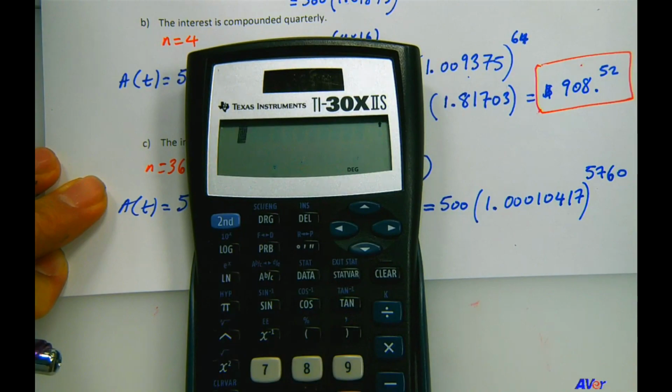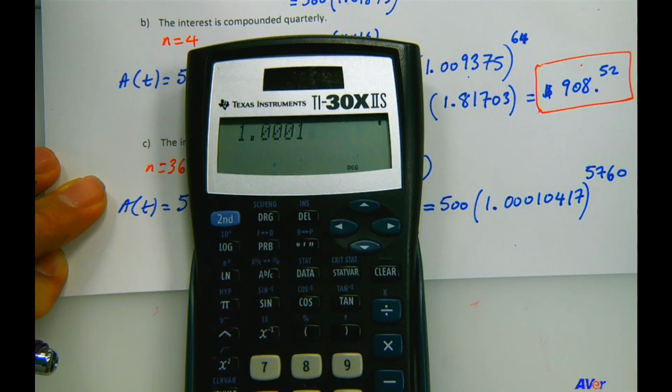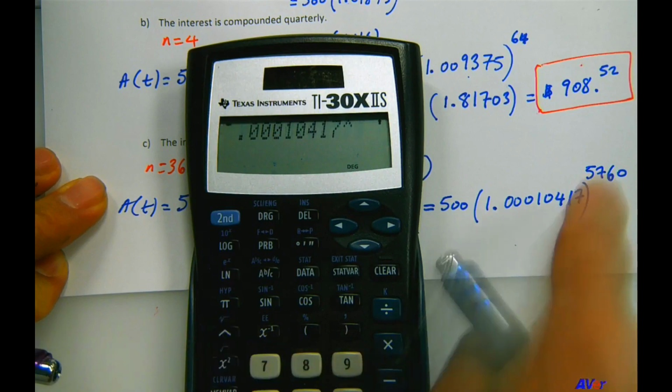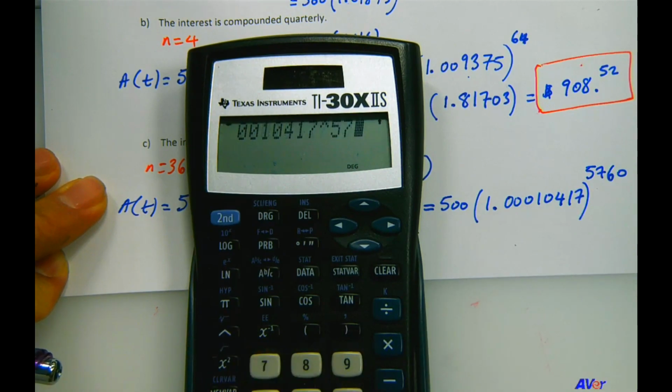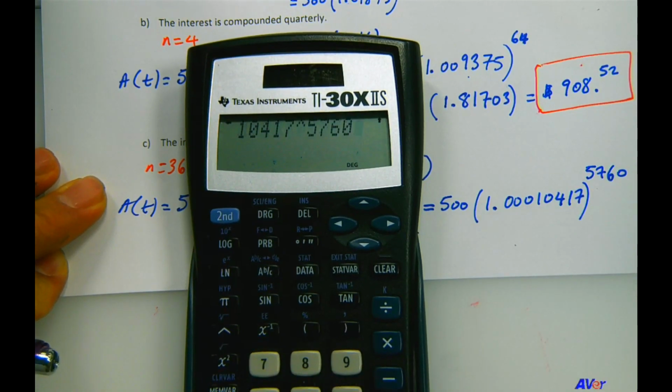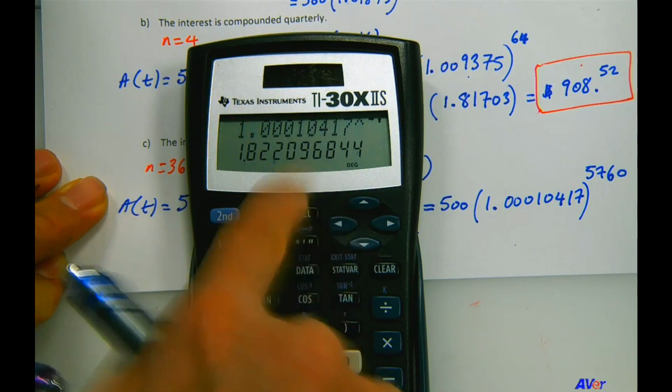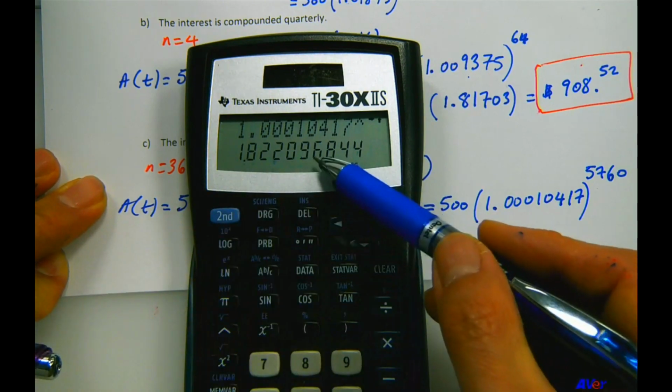Okay, so we have 1.000100417 raised to that power, 5,760. Okay, so we have 1.822096. I'm going to keep all the way to 6 and I'm going to round the 6 to 7.